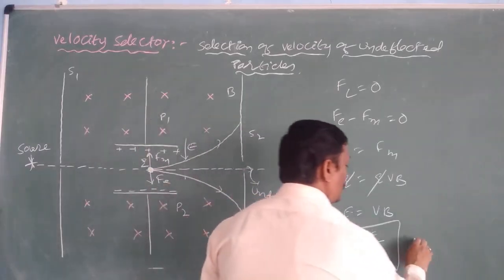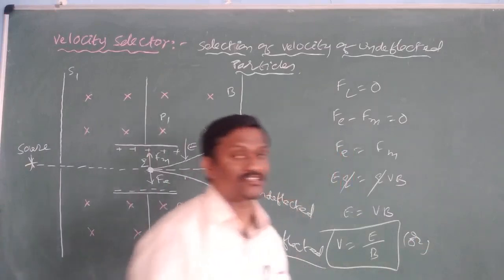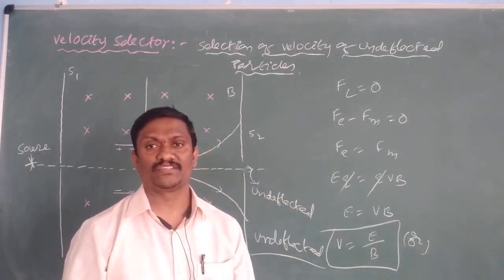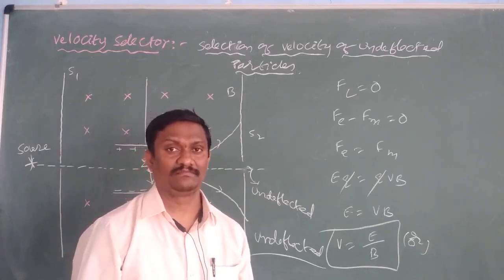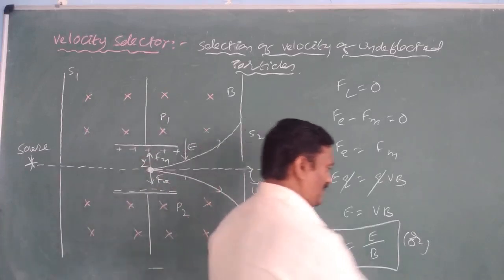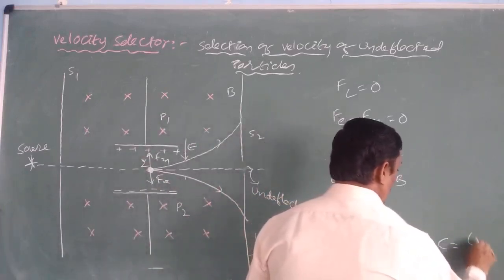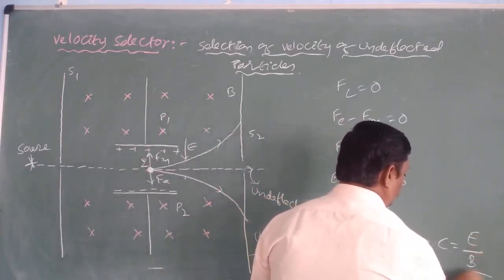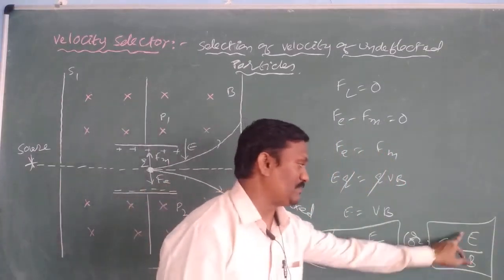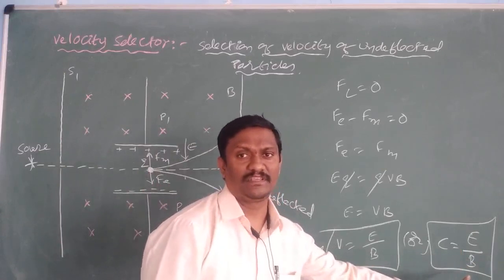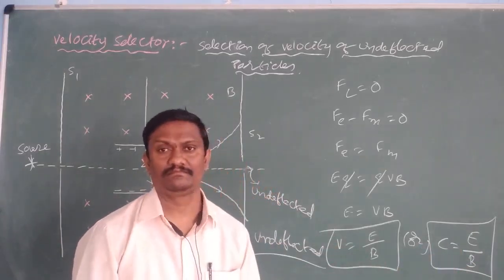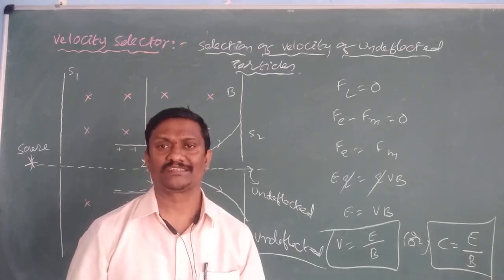Similarly, for the velocity of electromagnetic radiation: electromagnetic radiations move at the speed of light. So in the case of electromagnetic radiation, the velocity of light c is equal to E by B. If the velocity is other than the velocity of light, v is equal to E by B. So that is about the velocity selector.